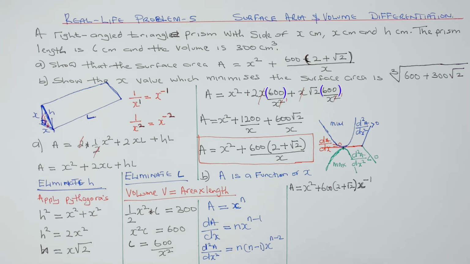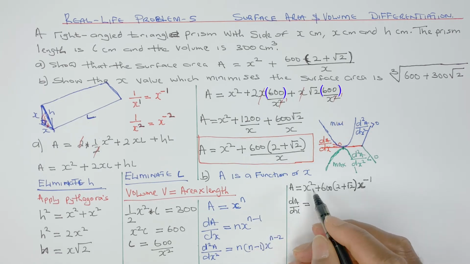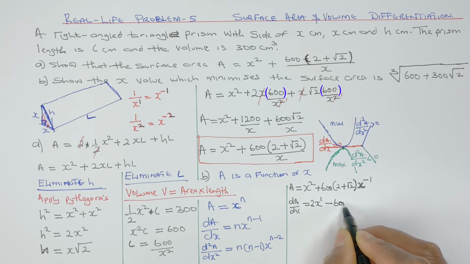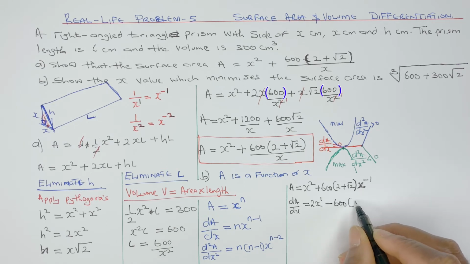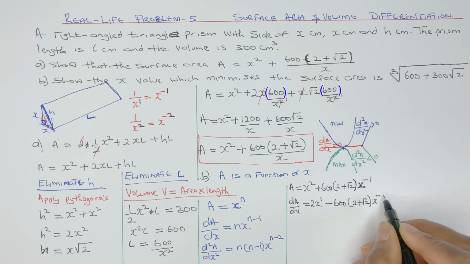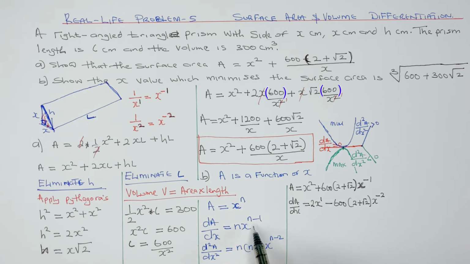The first derivative here will be dA/dx, and that would be 2 times 1, so that would be 2x to the power of 1 minus 600 open bracket 2 plus root 2 close bracket x to the power minus 2, because you just take minus 1, that is minus 2.